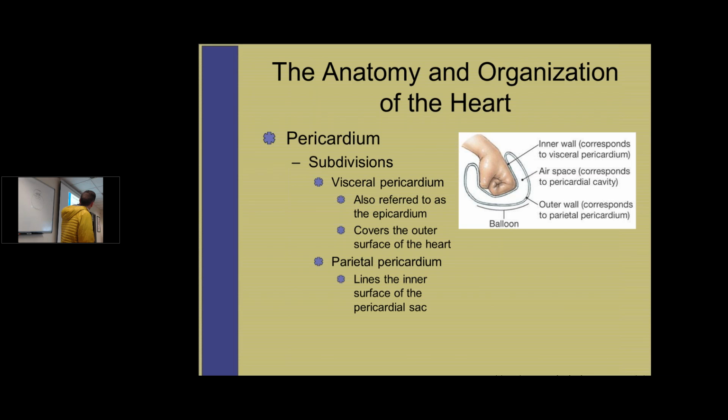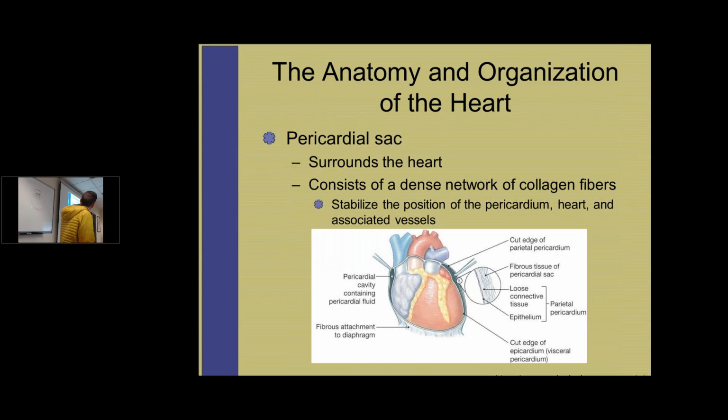So we talked about this a little bit already, but if you can imagine that fist being like the heart, and this is the different layers of the pericardium surrounding the heart with that pericardial sac. And we talked about this as well. It's just kind of a collagen network.